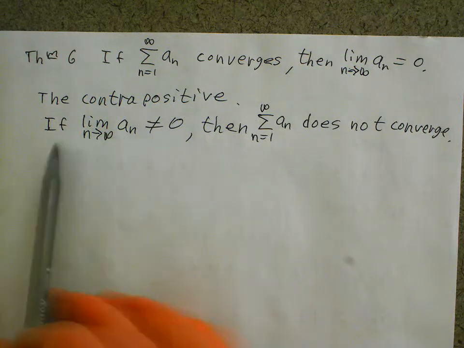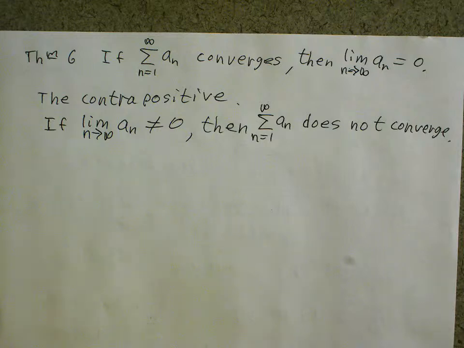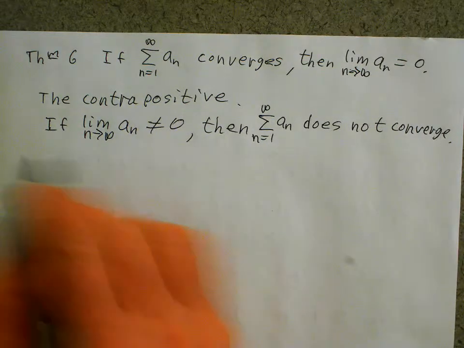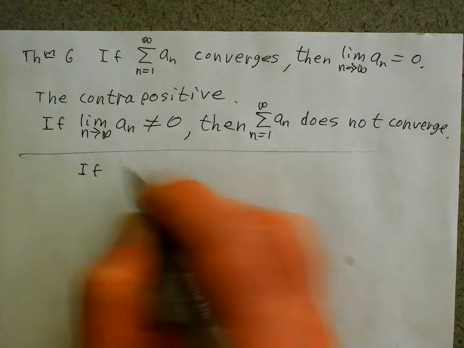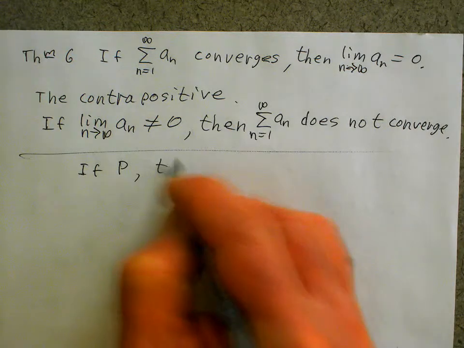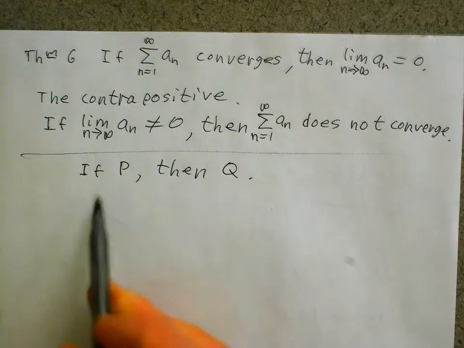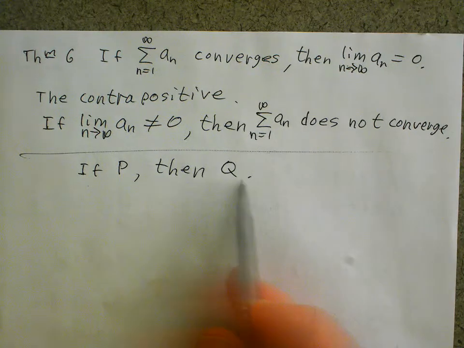So a contrapositive to a conditional statement is true if the conditional statement is true. So just one more thing about this. If you have a conditional statement, like if P, then Q, the contrapositive to this is logically equivalent.